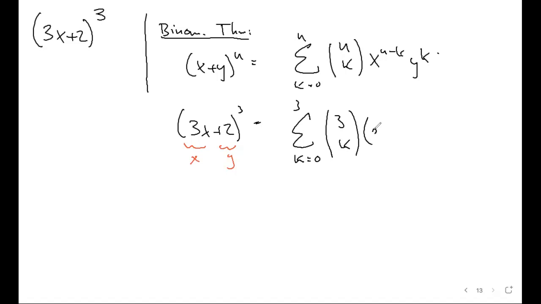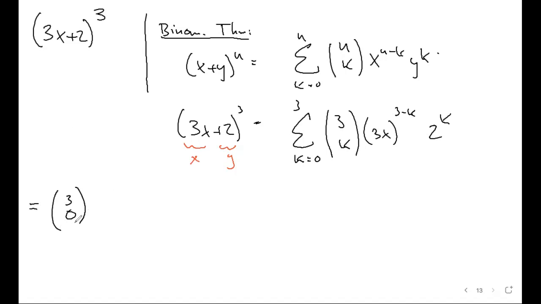So this will be 3x to the 3 minus k, y, and my y is 2, so 2 to the k. Does everybody see how I made those substitutions? Is everyone okay with that? Any questions? No questions? Okay. All right, so now let's just plug everything in.